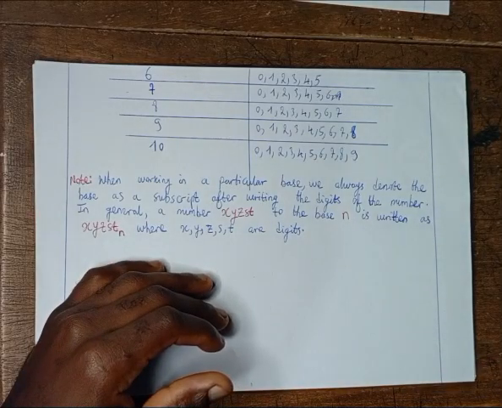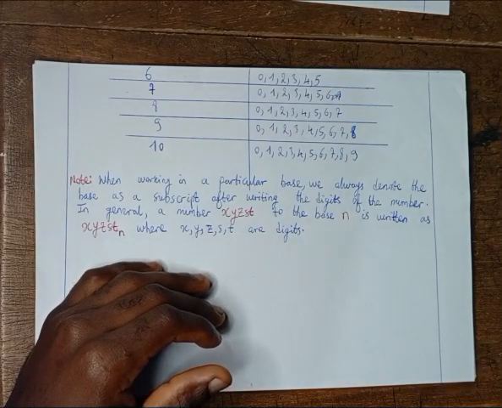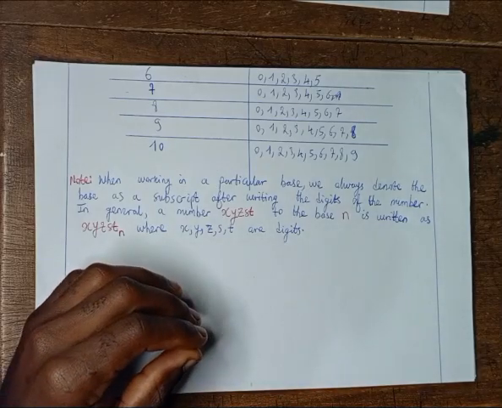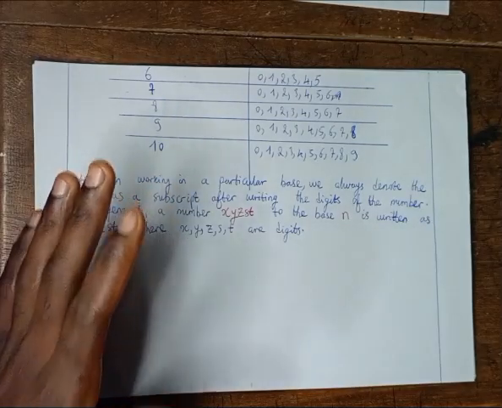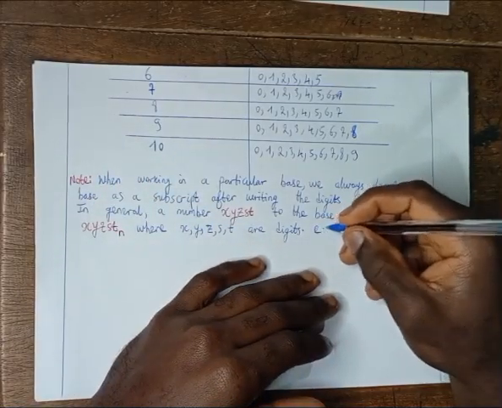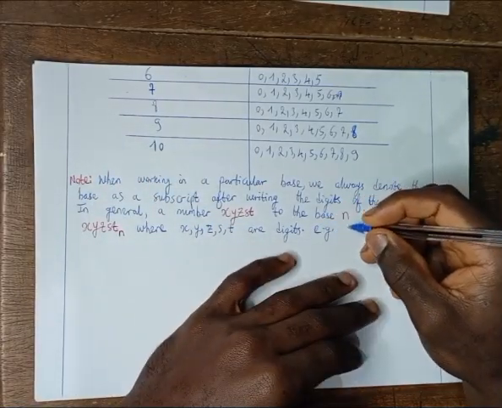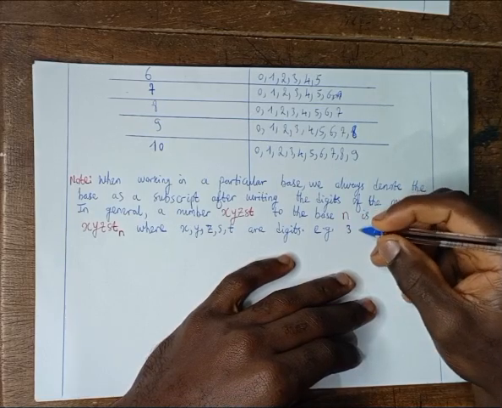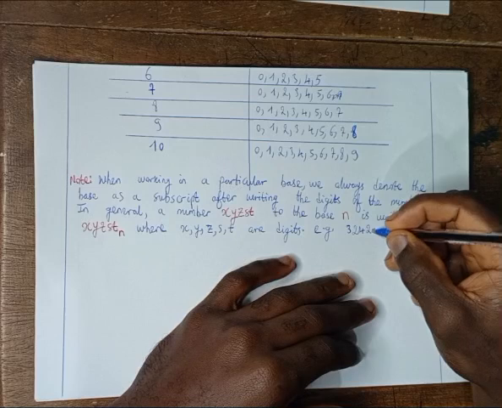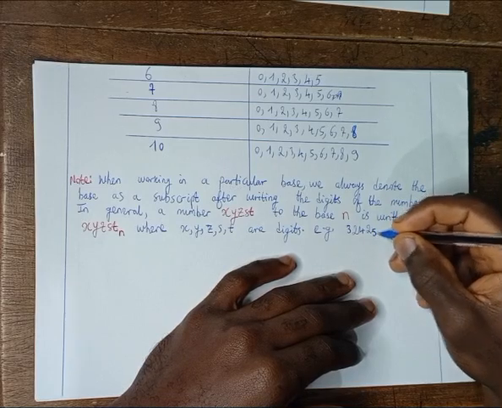Next, when a number is written without a base, by convention, that number is in base 10. Let me give some few examples. E.g., we can have a number 3, 2, 4, 2, which is in base 5 as a base.